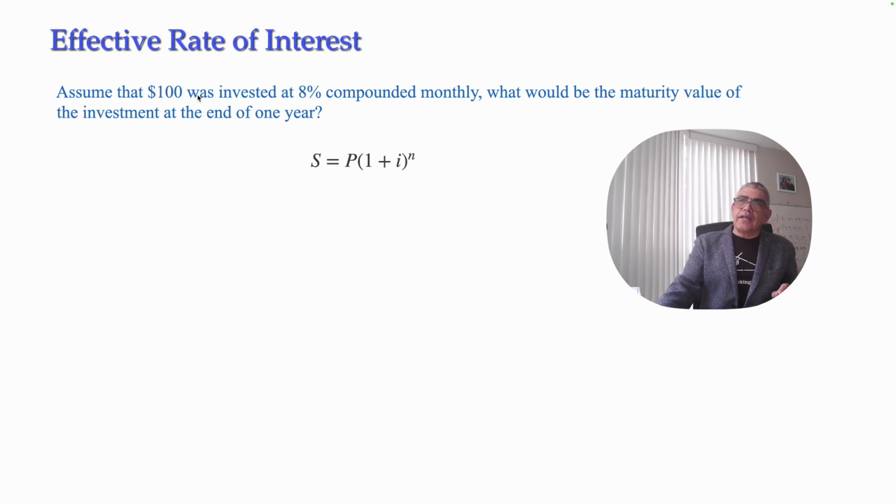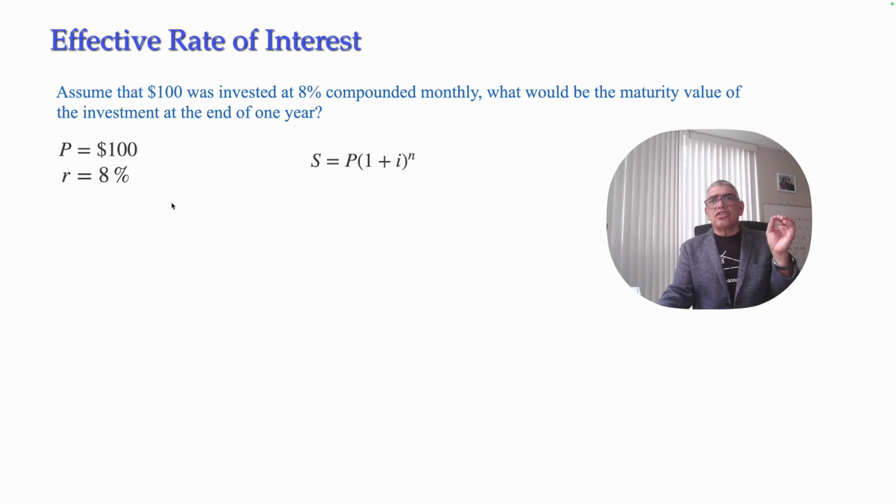And in this problem, they are telling me what is the principal, the amount that is invested, that is $100. We also know that the rate, or nominal rate of interest, is 8%. And this is compounded monthly. So this interest is compounded 12 times per year. I'm going to use the symbol m for the number of compound periods in a year.